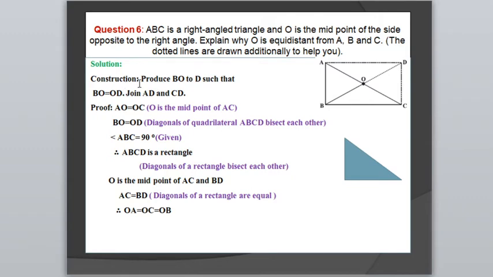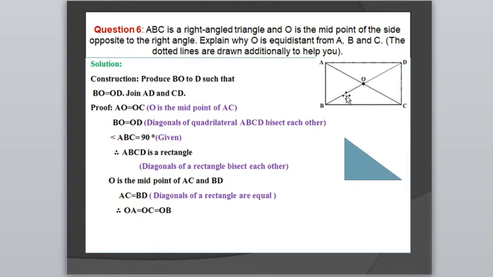The construction is: produce BO to D such that BO is equal to OD. We have to produce BO to D, which means we extend this line till D, in such a way that OB is equal to OD.